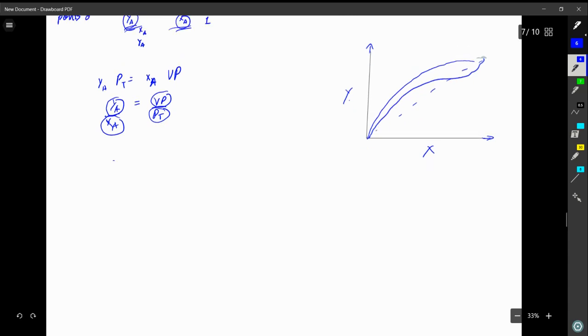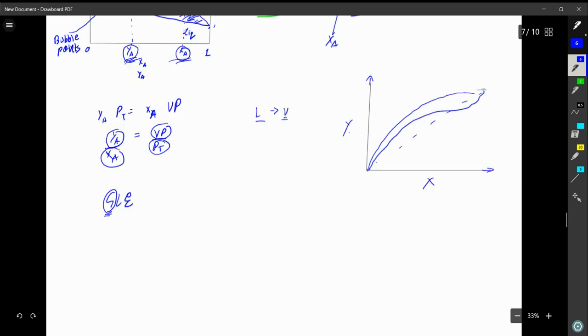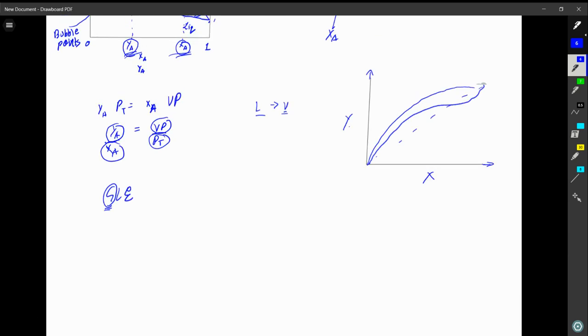Okay, and then we have gas liquid equilibrium. Whenever liquid is going into vapor form, it is called liquid and vapor. Gas means a thing in gaseous state which cannot be converted to liquid by merely increasing the pressure. So there is a very small difference between gas and vapor.